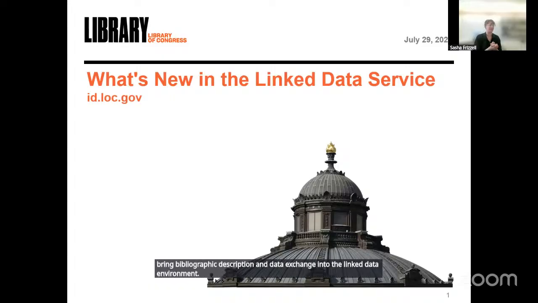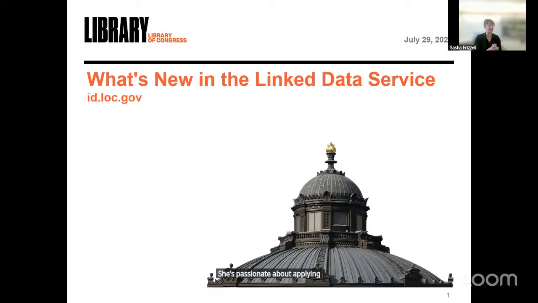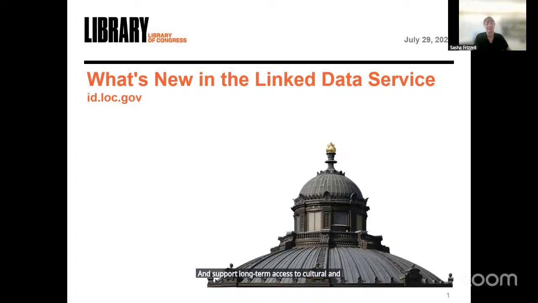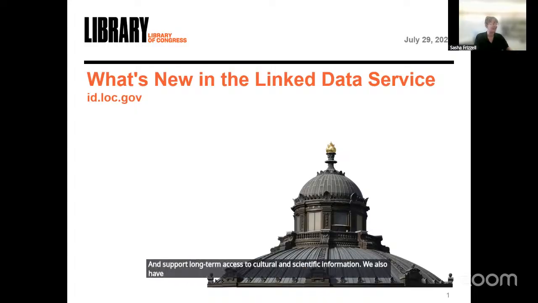Before joining the Library of Congress, she led the Digital Library Services Group at the U.S. Geological Survey, where she oversaw key initiatives in digitization, metadata infrastructure, and public access to research data and publications. She's passionate about applying emerging technologies to improve knowledge management, promote data interoperability, and support long-term access to cultural and scientific information.